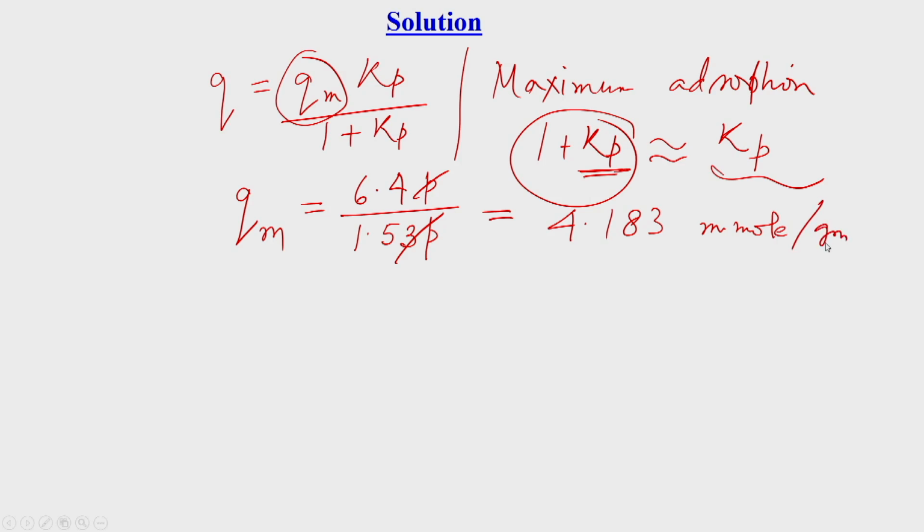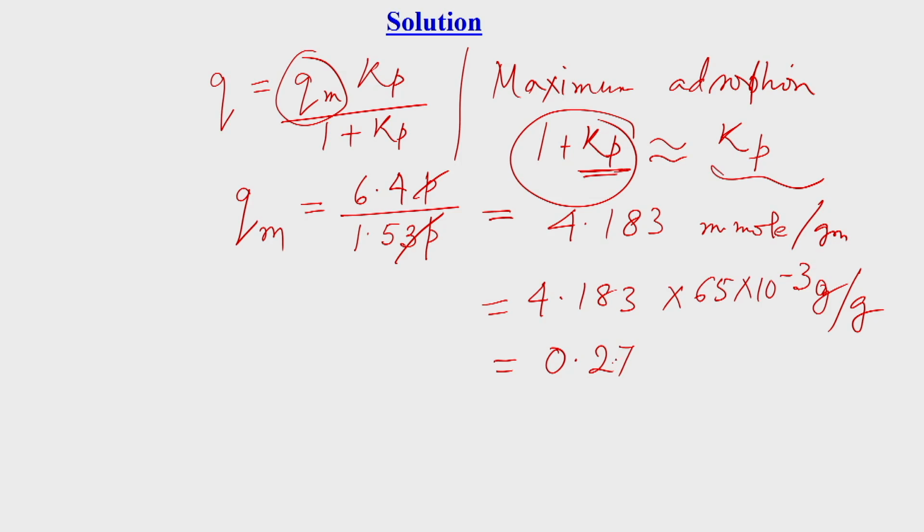Now, we are trying to get this in terms of gram per gram or kg per kg, so we will just multiply with the molecular weight. That will be 4.183 into the molecular weight, 65, which is 0.272 kg adsorbate per kg adsorbent.